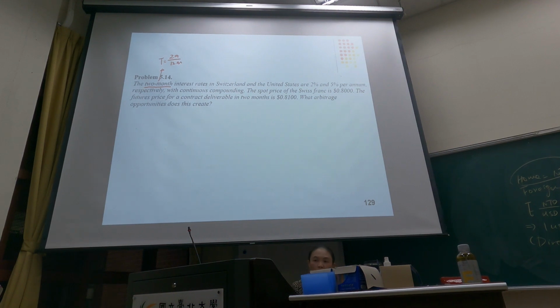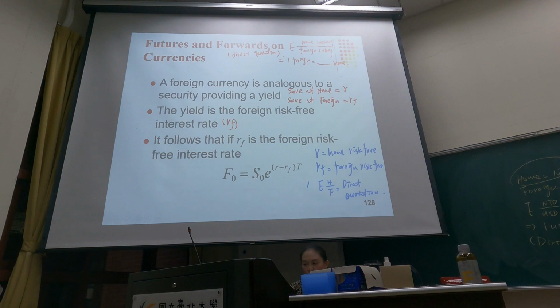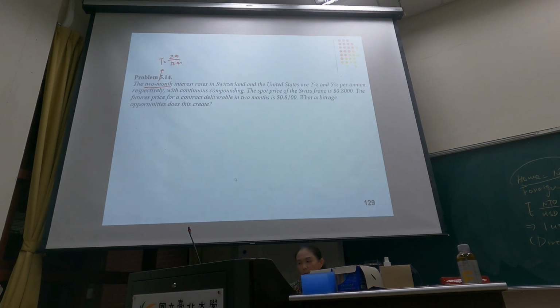But we don't know which country is the home country yet. How can you distinguish? You distinguish from the exchange rate, assuming the exchange rate is a direct quotation, so you know which one is home and which one is foreign. So take a look at the exchange rate. The spot price for the Swiss franc is 0.8 US dollar. What does it mean? That's the most important thing here.